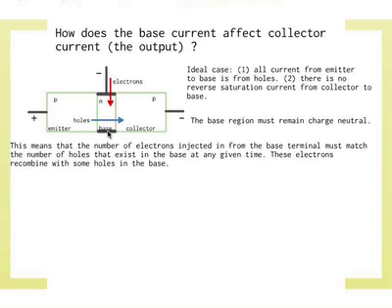Otherwise, you will lose charge neutrality. The only things that are happening based on these two assumptions are holes coming in here, electrons coming in here, and holes leaving the place as well. If you sum all this up, here there should be charge neutrality. That's what we'll do. And that's another approach to calculate the base current.